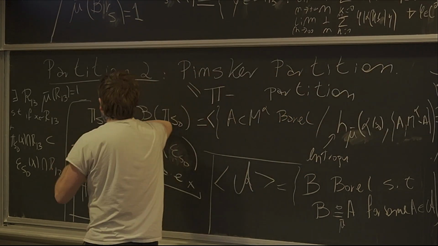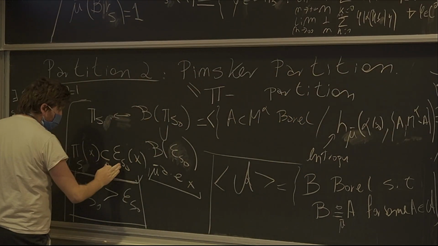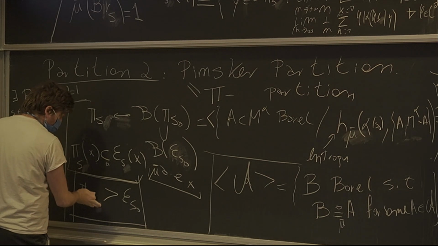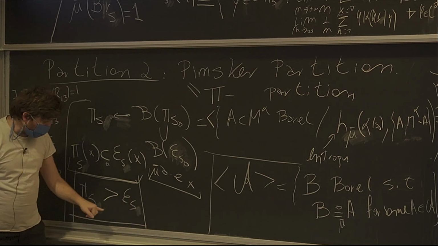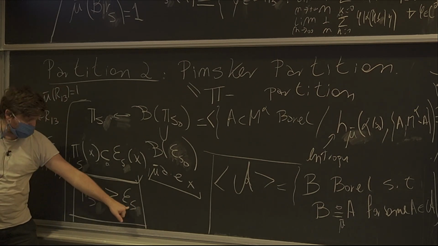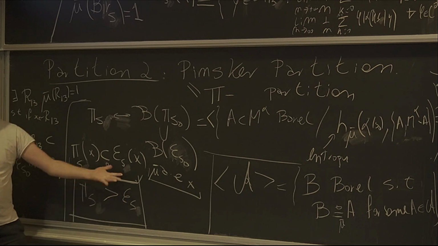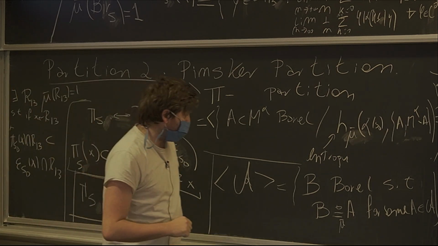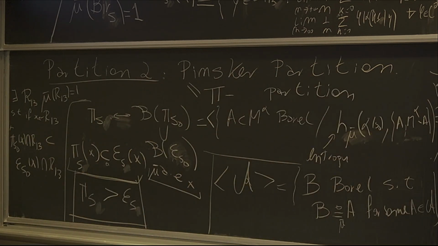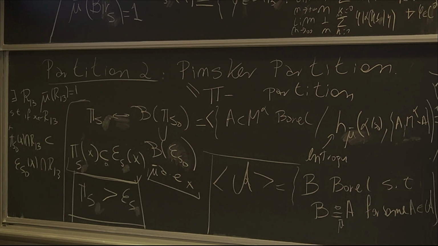Still, S naught is a very important guy for us, but I really need to know the partitions for this. Here, the inequality is in the same S. Okay. Here again. Okay.